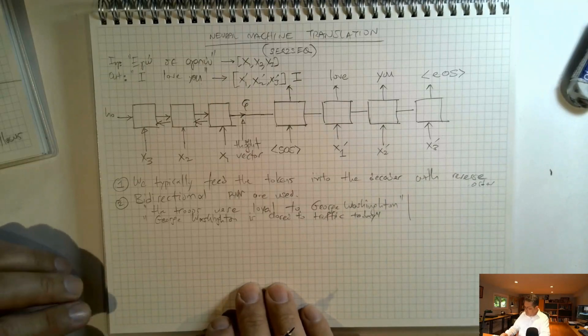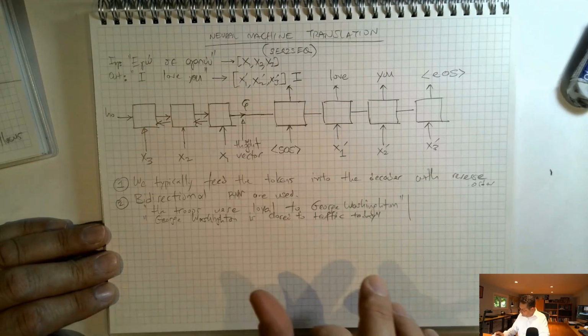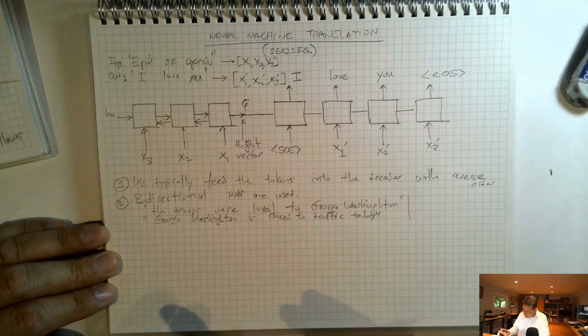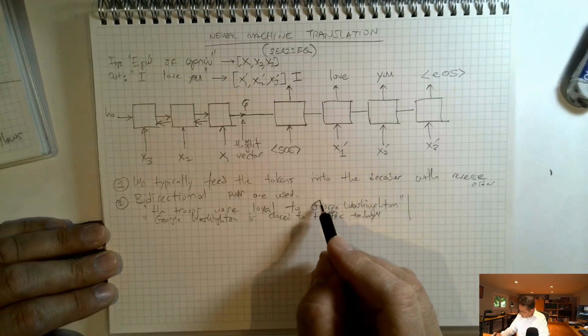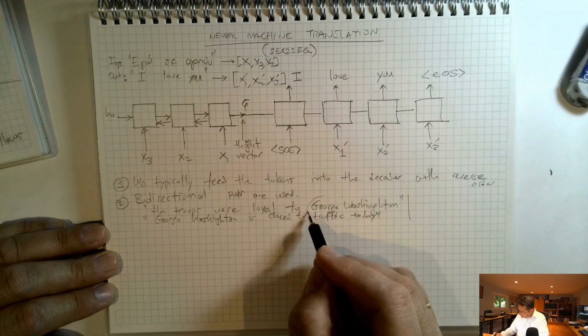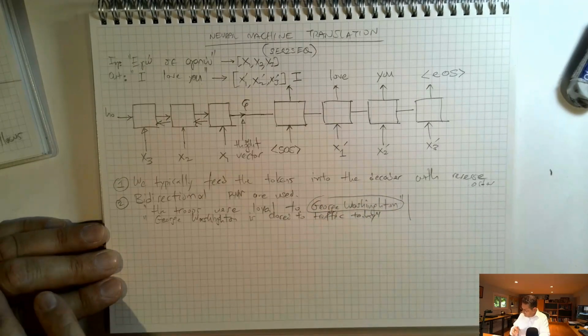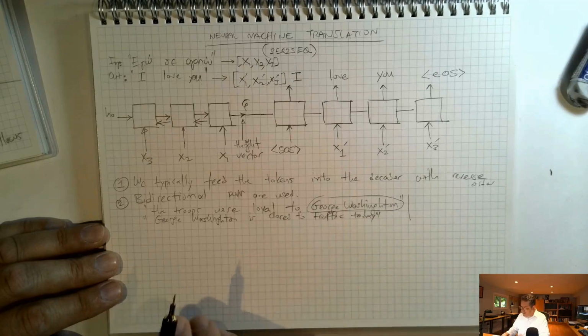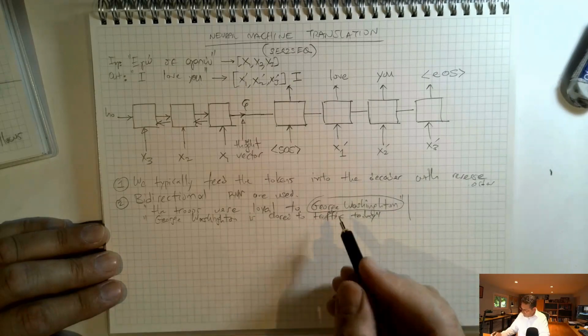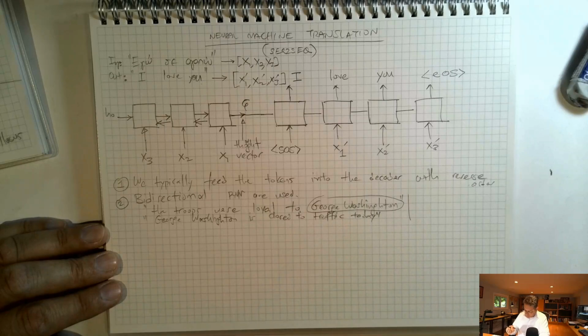So in many instances, we have the following kind of problem. The meaning of a sequence of tokens that corresponds to a name, like George Washington, can sometimes be a function of what follows or what precedes it.